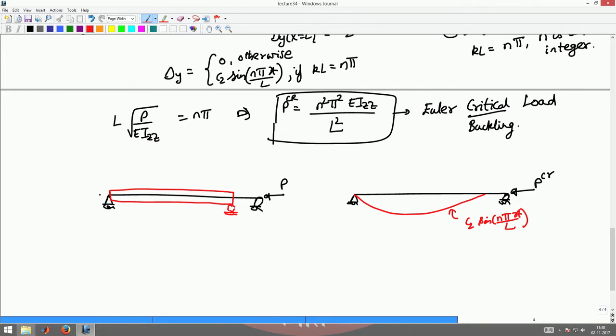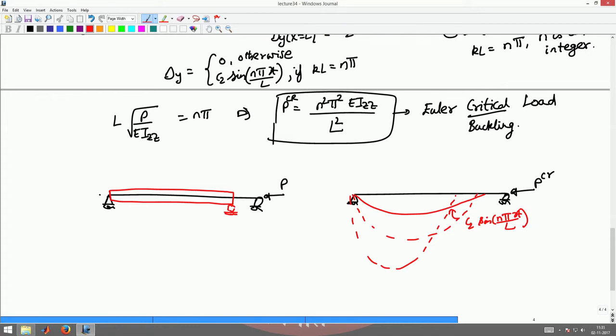What this tells us is there is no bound on C2, so it can continue to deform like that. In particular, the mid-span deflection, which is the maximum deflection, is undefined, so it will continue to deform.